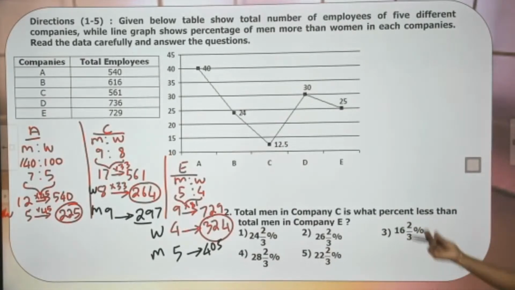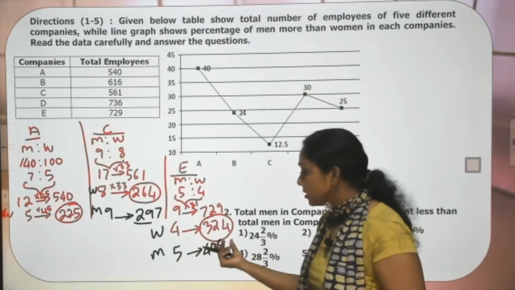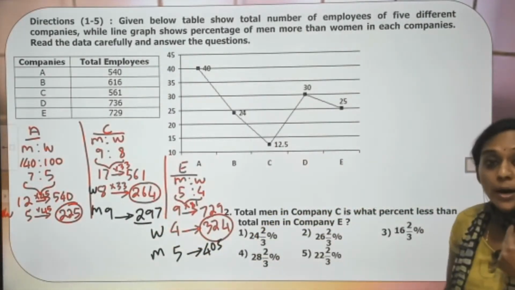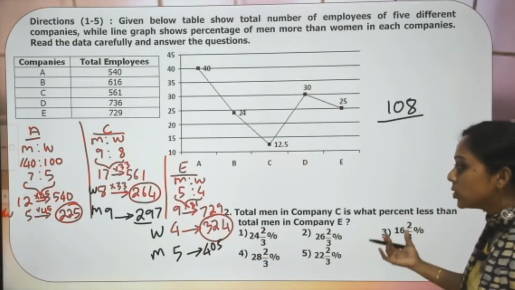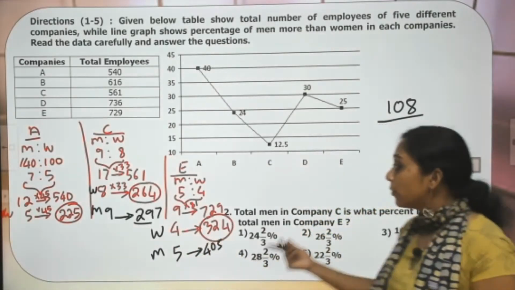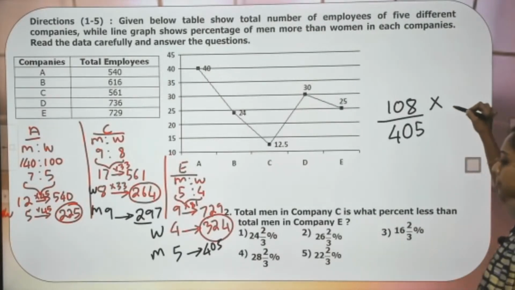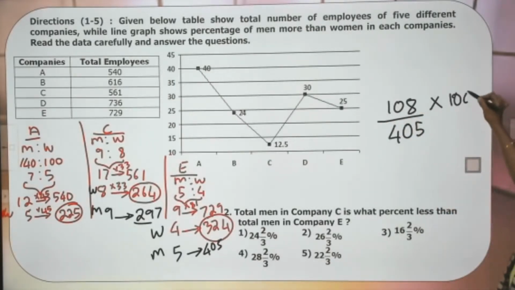Our question is what percent less than. Less than or more than means you have to take the difference. So 405 minus 297, the difference is 108. So 108 divided by, with respect to what? The number of men in company E, the value is 405. 108 by 405 into 100, as the percentage value is asked.